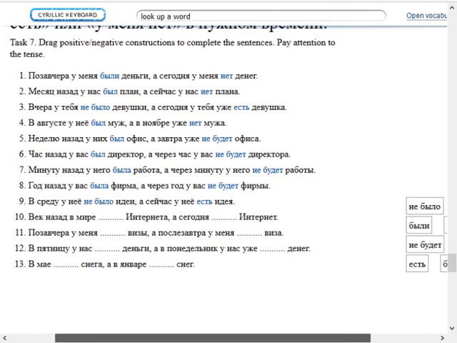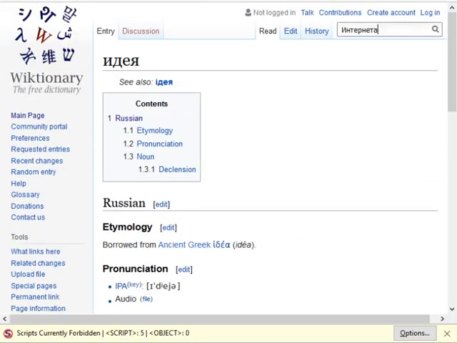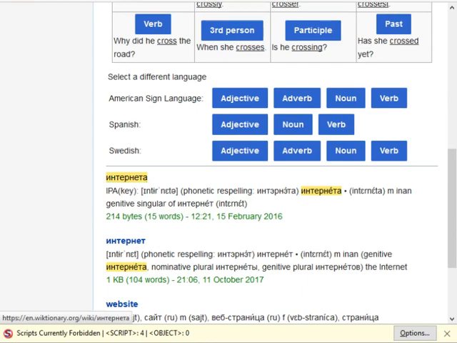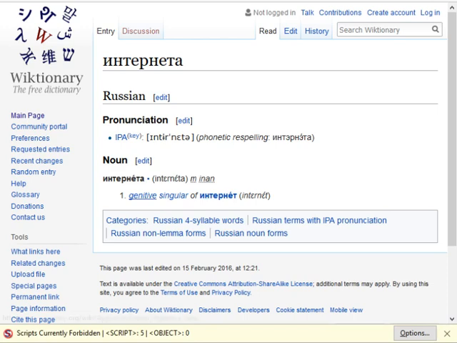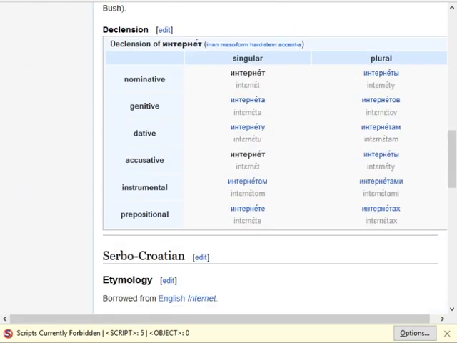Once again, "интернета"... hold on. What gender does internet have? "Интернета" is the genitive form of internet. Internet is a masculine word.